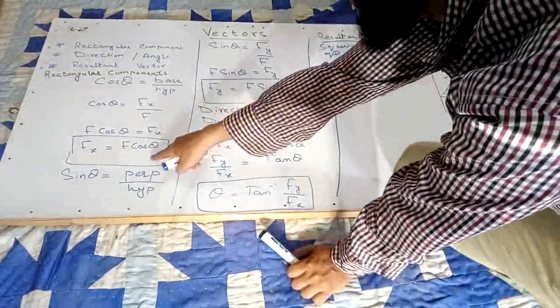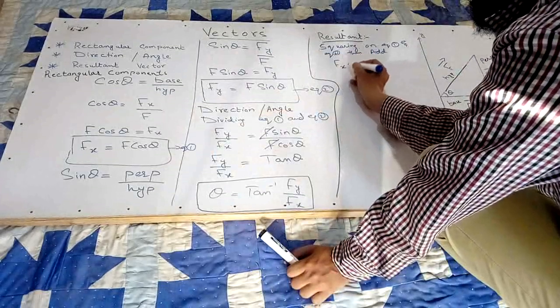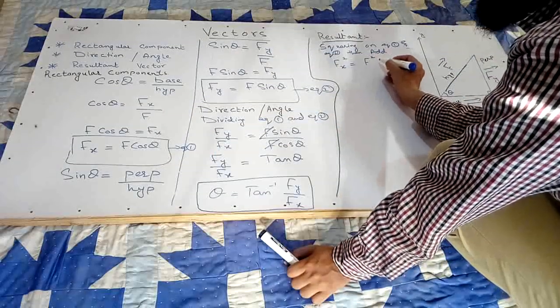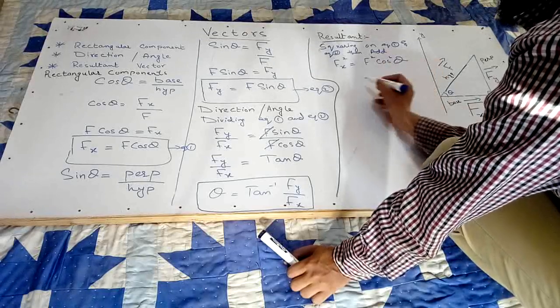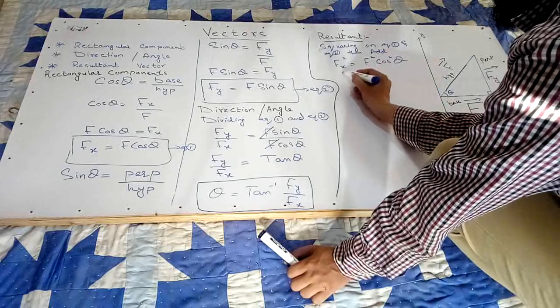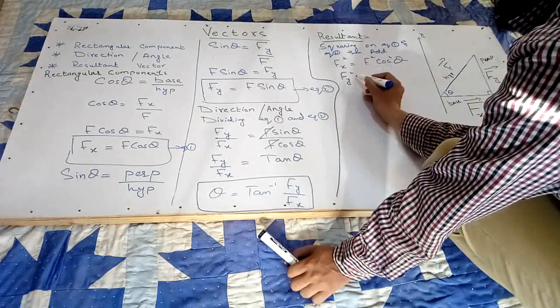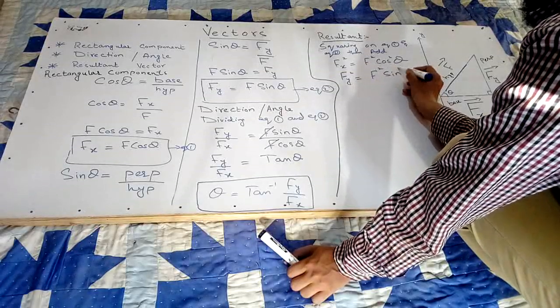If we square this equation, it will become Fx square equals F square cos square theta, and if we square equation 2, it will become Fy square equals F square sin square theta.